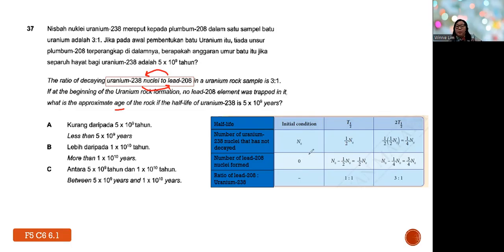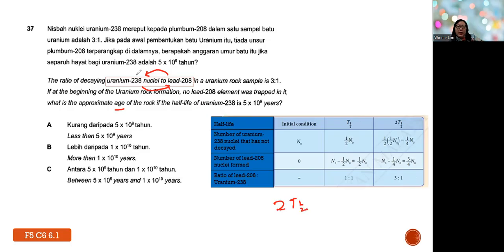But after that, they become half and then they become 3/4. 3/4 is the share for this lead. So that's why the ratio of lead to uranium is 3:1. Okay, so since this is the idea behind it, that means they undergo 2 half-lives, 2T half.